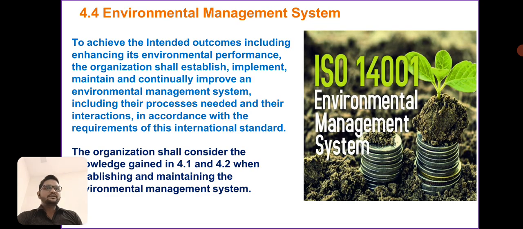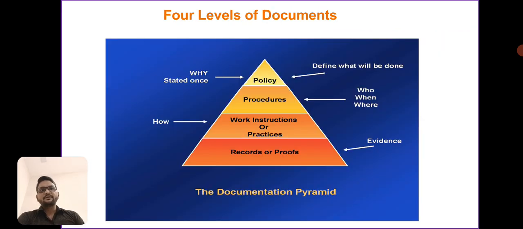Now, in 4.4, we should make the manual, procedures and turtle diagrams related to the environmental management system. Now, what are the four levels of documents? Level 1 is the policy, the organization's policy related to quality, environmental and safety.